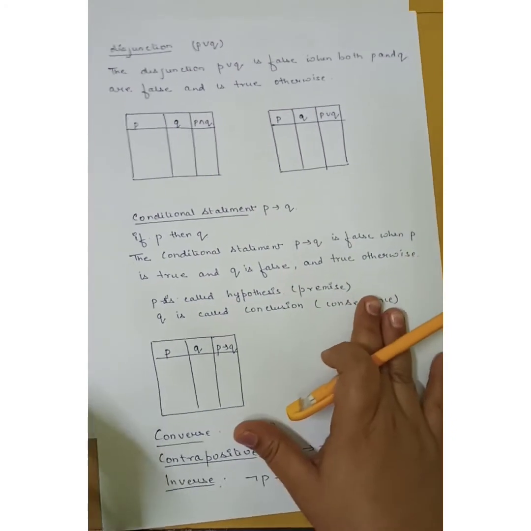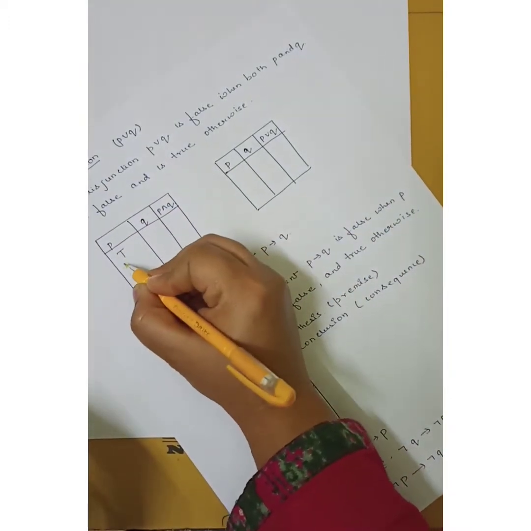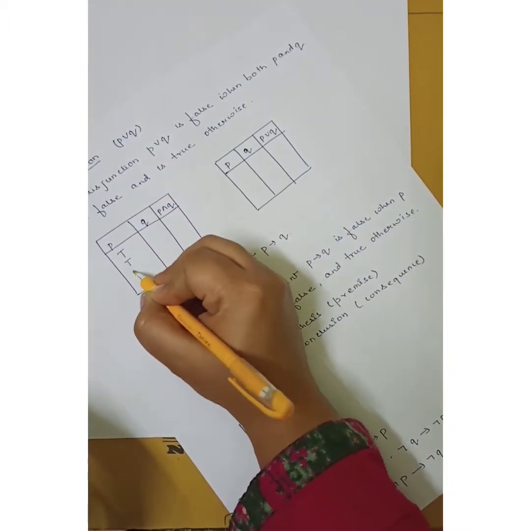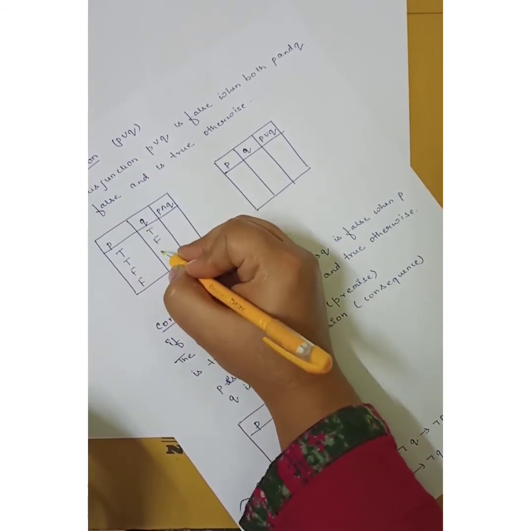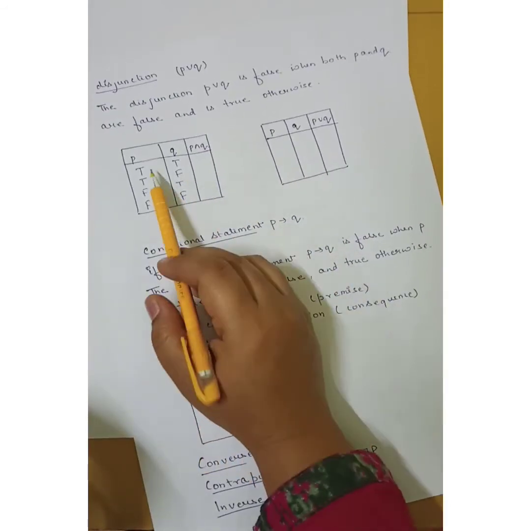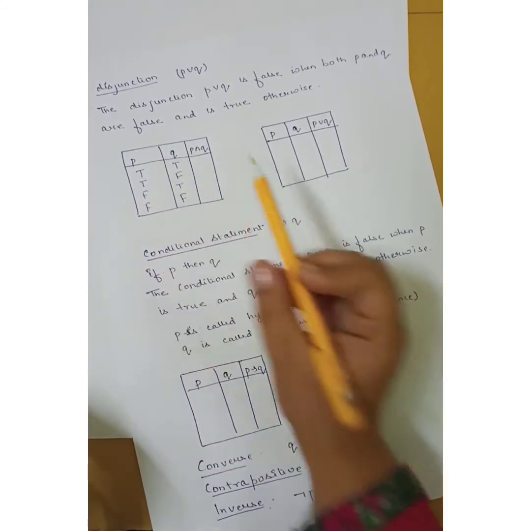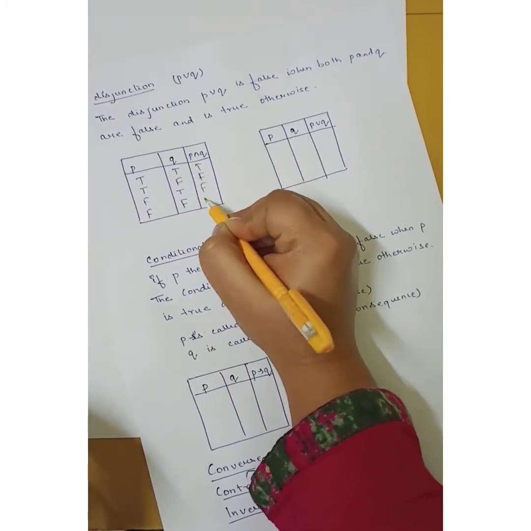We can have an example of this by writing the truth table. We write the possible combinations of truth values for P and Q, and we perform the AND operation, that is the conjunction operator. It's true when both are true, otherwise it is false.